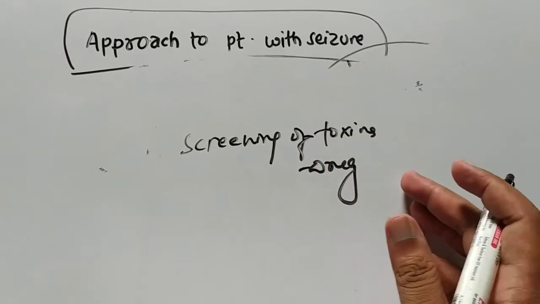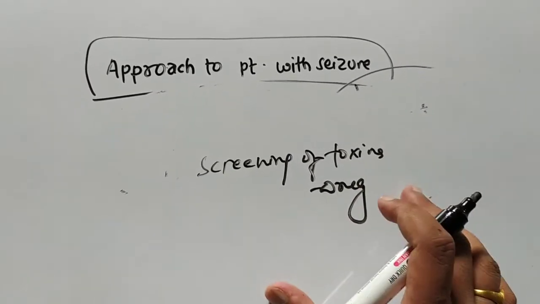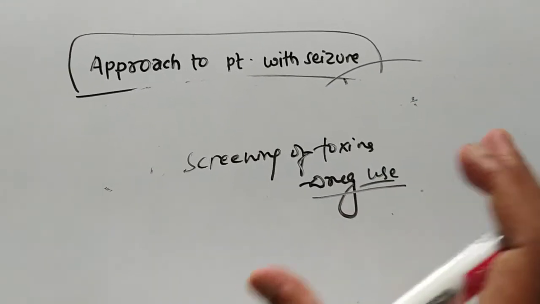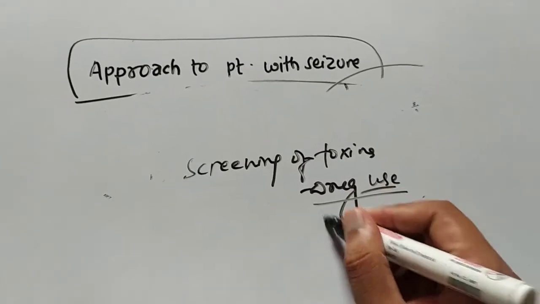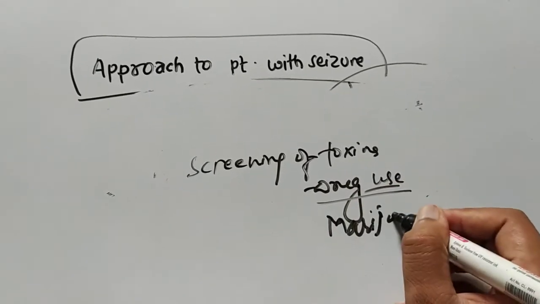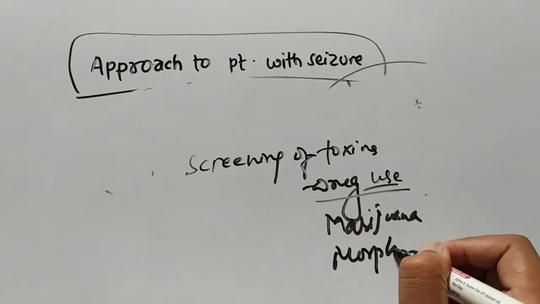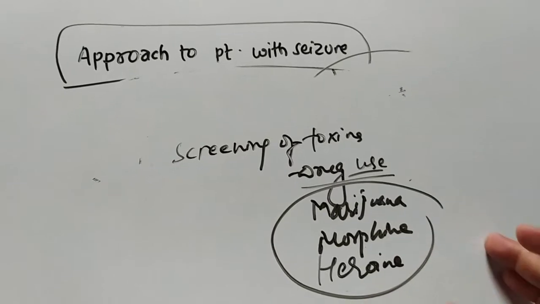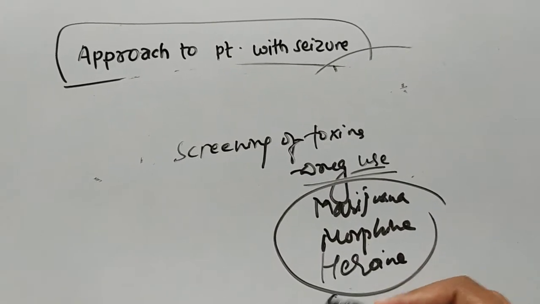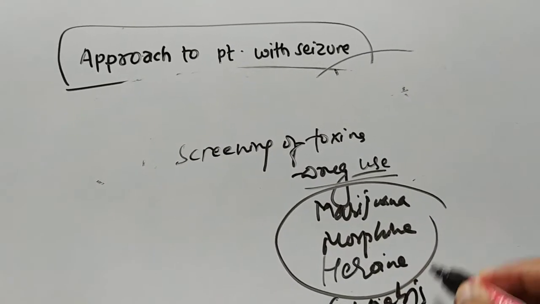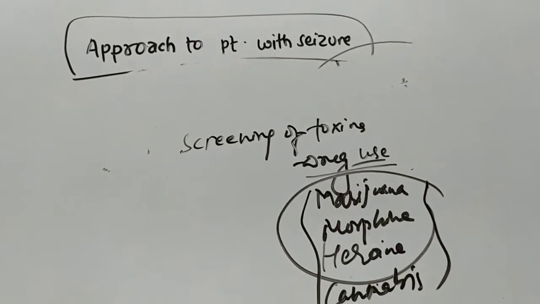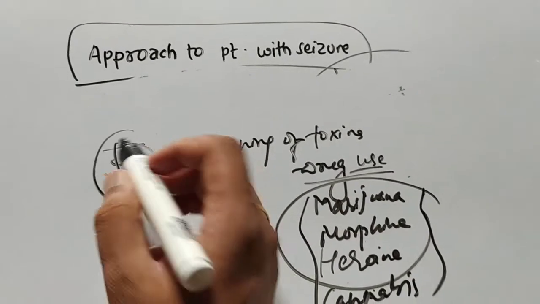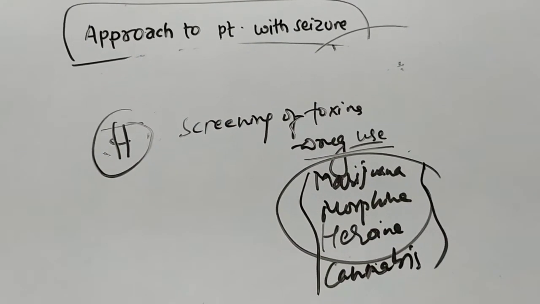Some of these drugs are morphine, heroin, hashish, marijuana, and cannabis. You will screen for these drugs in the blood, as these drugs can alter the status of the brain and may lead to seizure.